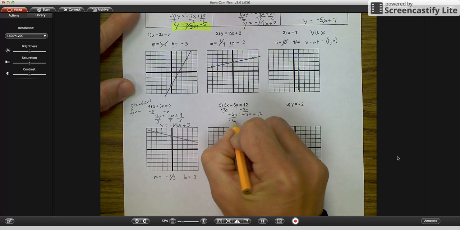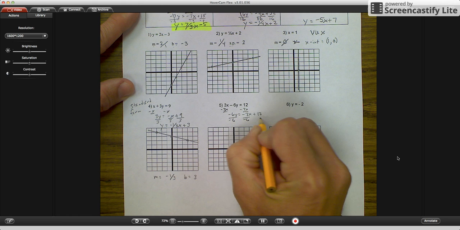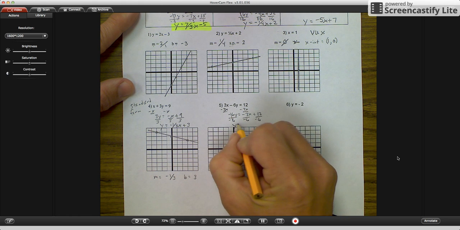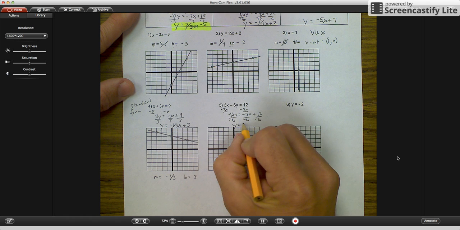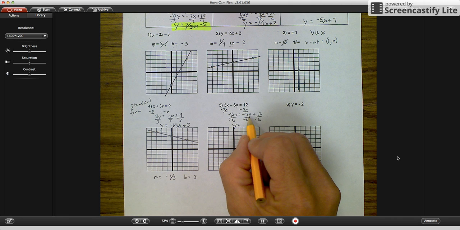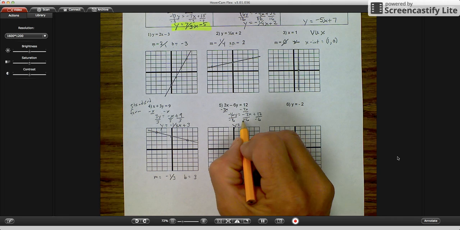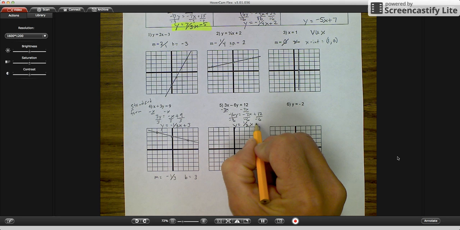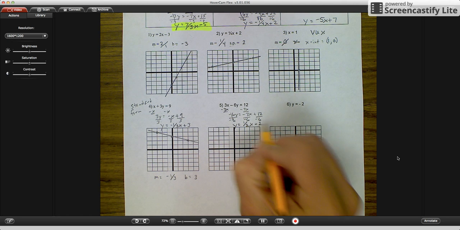Divide by negative 6. These cancel out. You get y is equal to negative 3 over negative 6, and a negative over a negative turns into a positive. So positive 3 over positive 6. And then you reduce that to a positive 1/2. And then positive 12 divided by negative 6 would be minus 2.